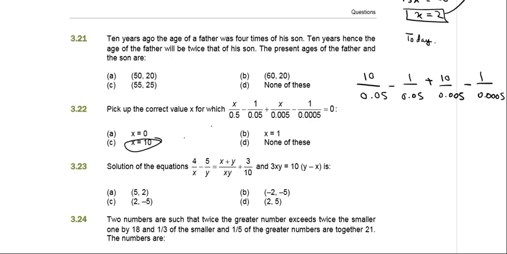And if you solve it on your calculator, it will be equal to 0.